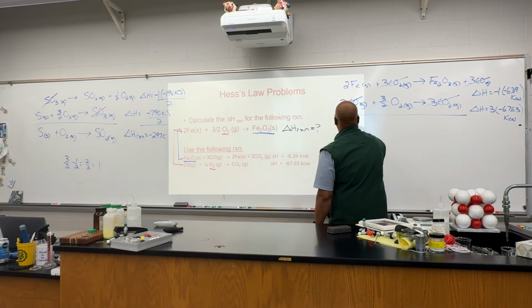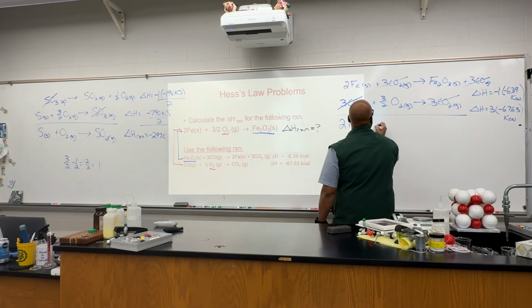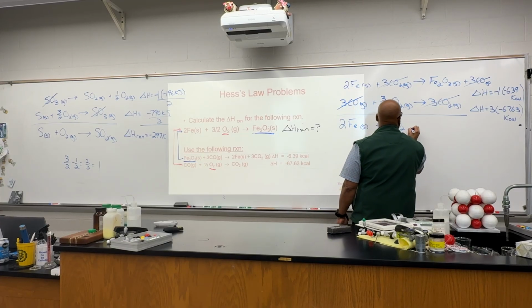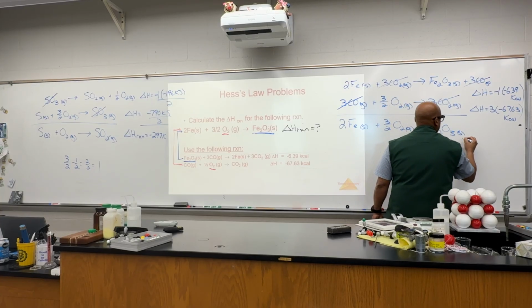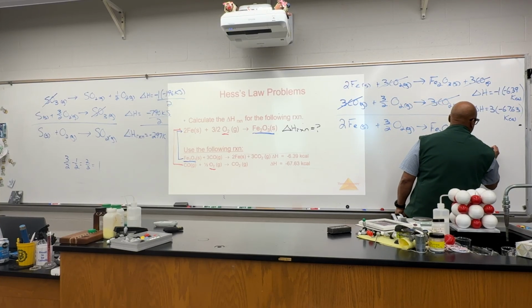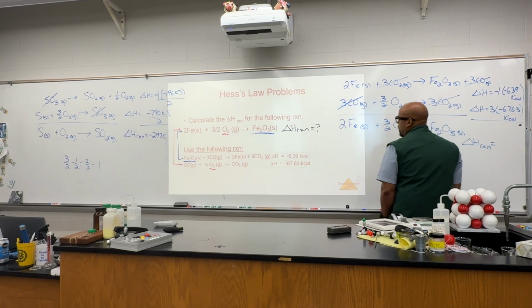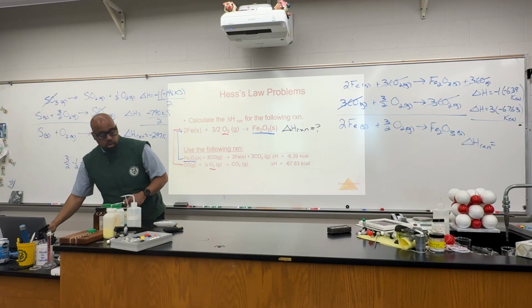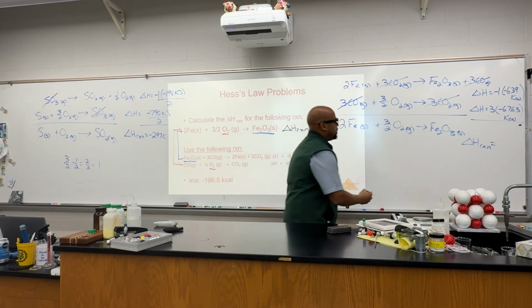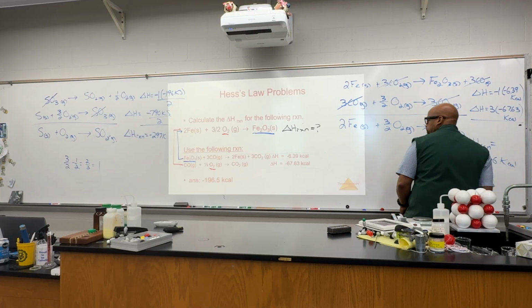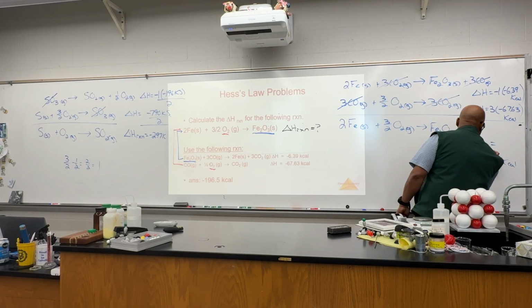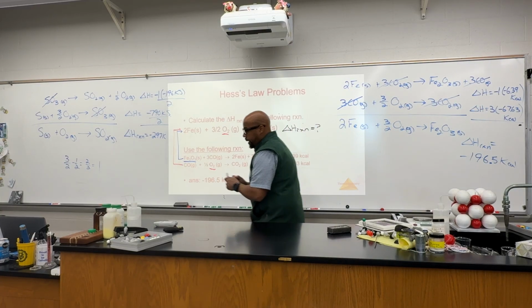Which means what's going to drop down is 2 Fe solid plus 3 halves O2 going to produce Fe2O3 solid, and my delta H of the reaction is just the summation of these delta H's right here. And when you solve it, you should get the answer that I have here in the notes, which is going to end up giving us negative 195.6 kilocalories. There you go. All right.